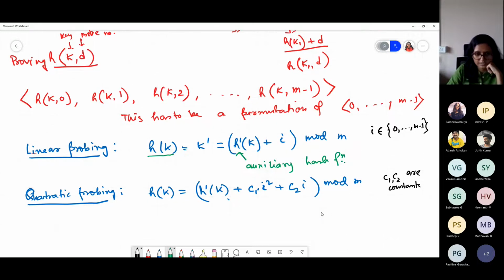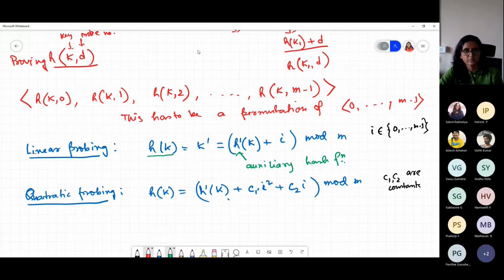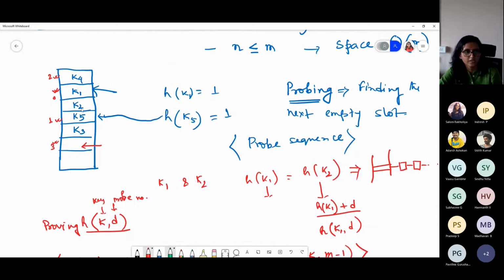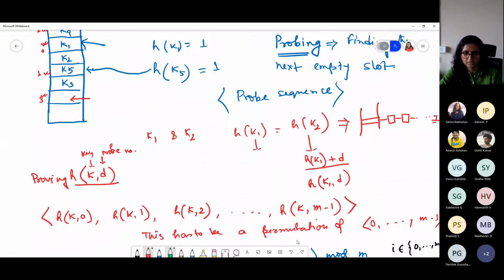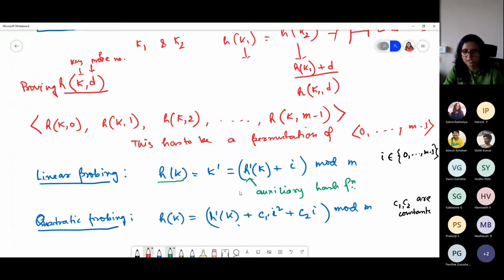Now in both cases there will be some kind of problem. What will be the problem? Just like in the previous example, I was doing linear probing only. If it is linear probing, you increase the value of i: first it is 0, that means directly h dash k that you will try.